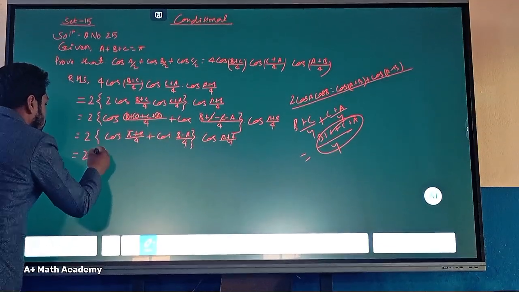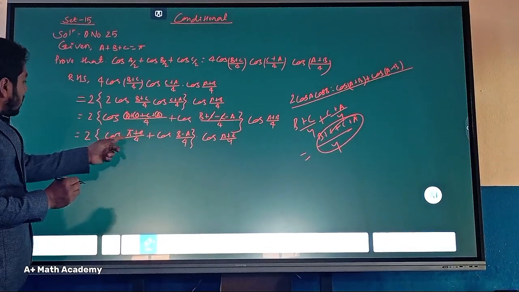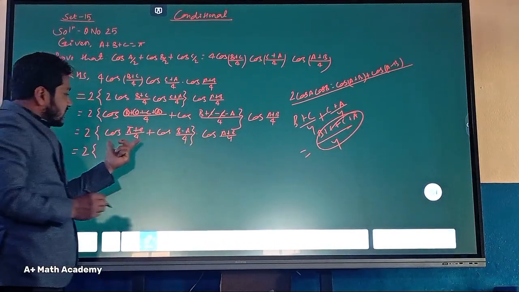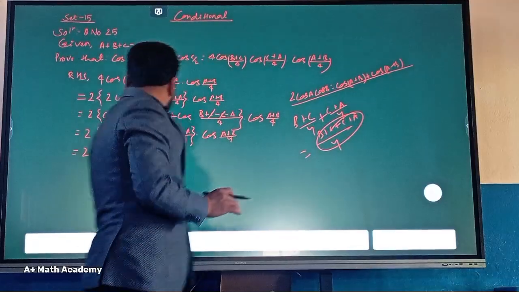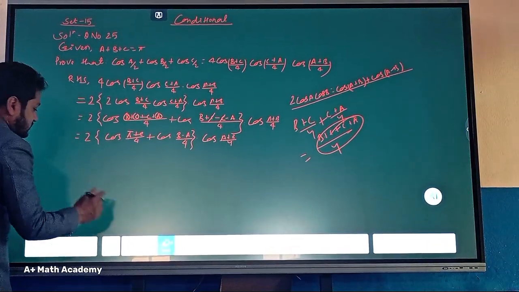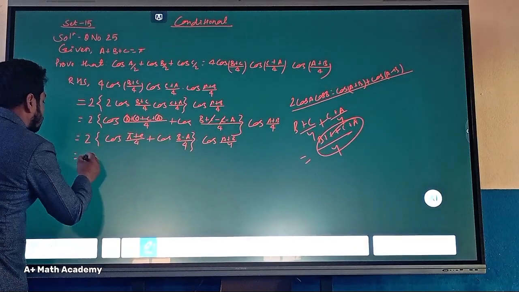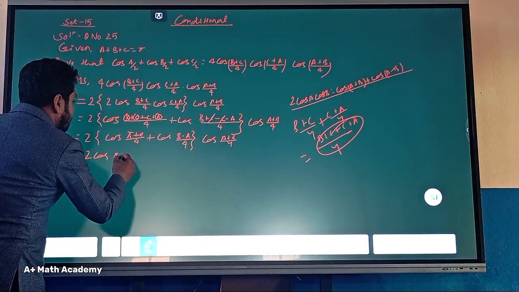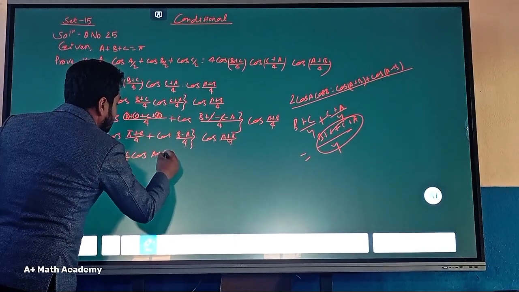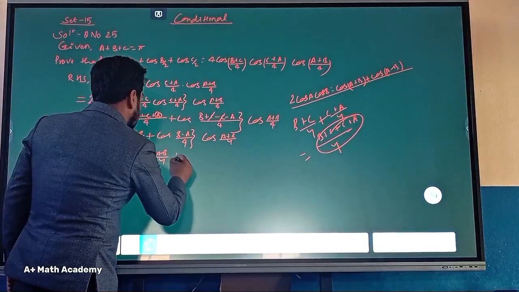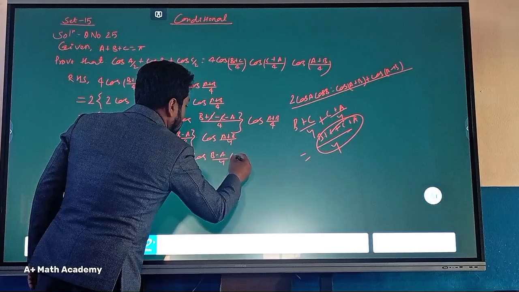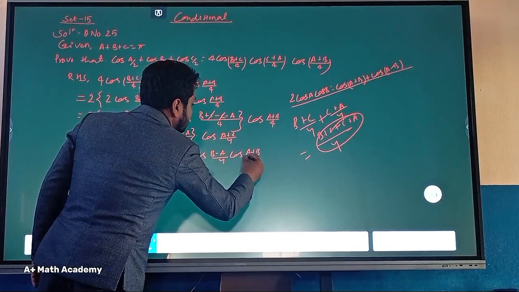Now we open that 2 and multiply it with cos (A plus B) by 4, so it becomes two terms: 2 cos (pi plus C) by 4 cos (A plus B) by 4 plus 2 cos (B minus A) by 4 cos (A plus B) by 4.